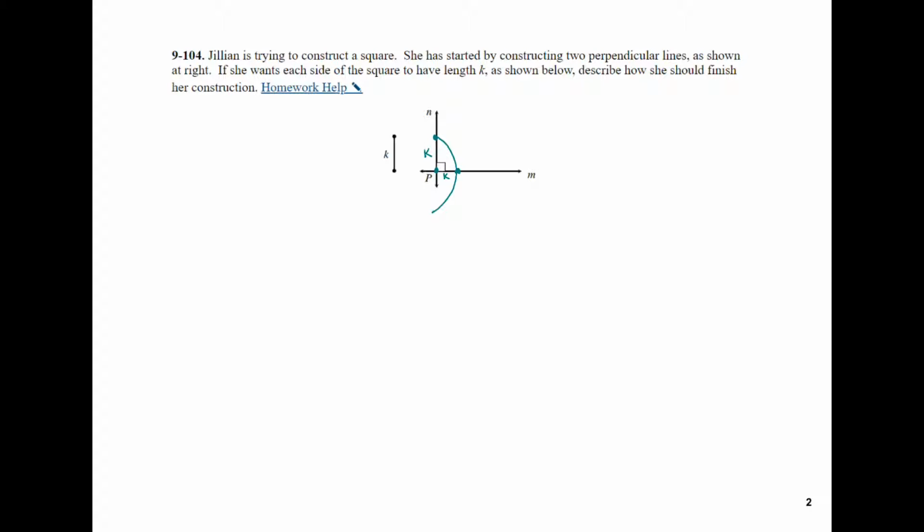So it would intersect N and M each once.